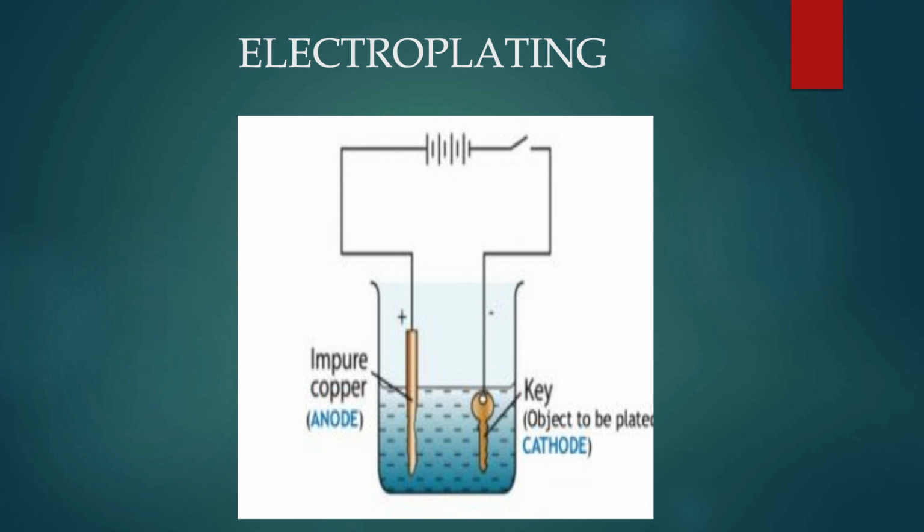Okay children, it gets deposited on the iron key. So the process of coating one metal with another metal is known as electroplating. If the iron key is to be coated with zinc, then the process is known as galvanization.